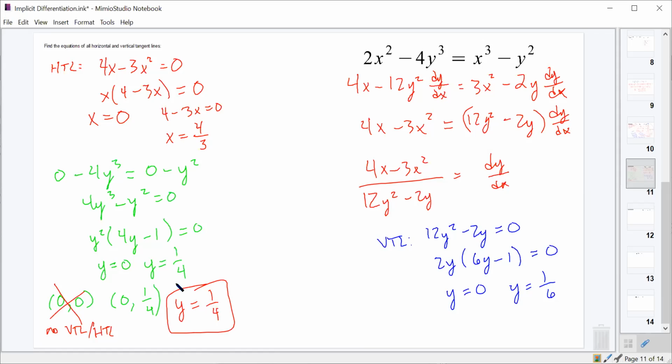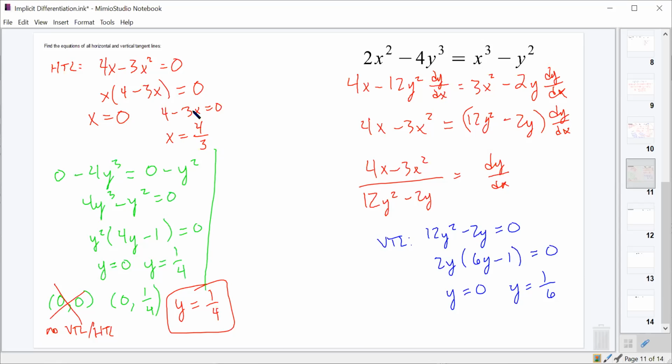Everybody good with that so far? Why is the x value 0 for both possible horizontal tangent lines?